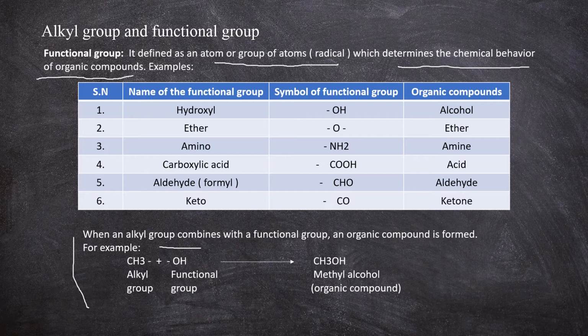So CH3, the alkyl methyl, plus OH, alcohol, gives CH3OH, methyl alcohol. So let's do one example.